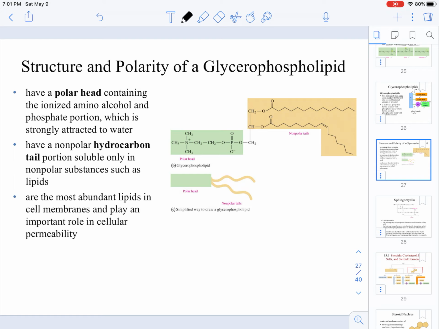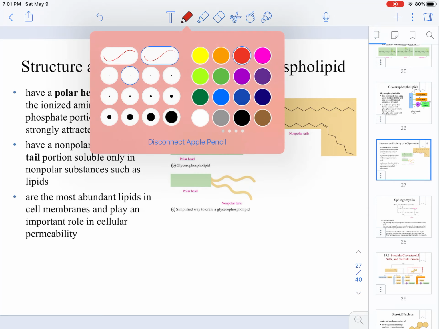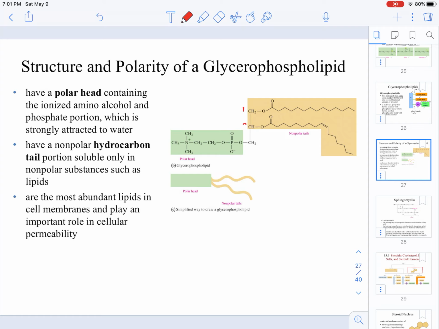Let's look at these molecules more closely. So here we have a molecule of a glycerolphospholipid, okay? So if I highlight the different components, you can see here, okay? And if I number the carbons in my glycerol molecule, this is carbon 1, carbon 2, carbon 3. I have on carbon 1 and carbon 2 ester bonds to the fatty acids.